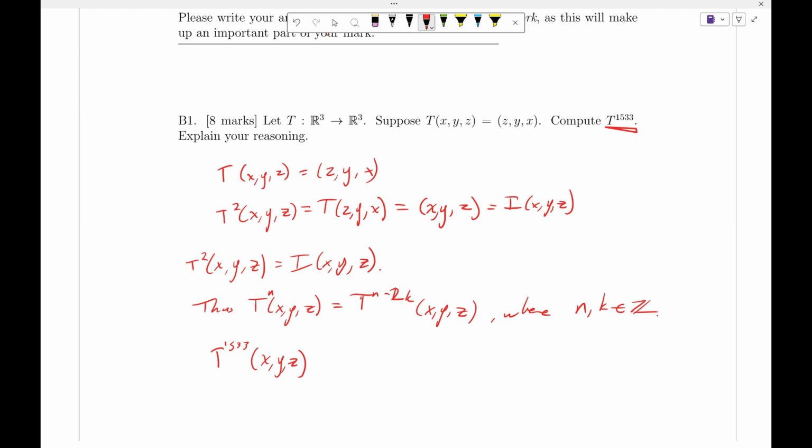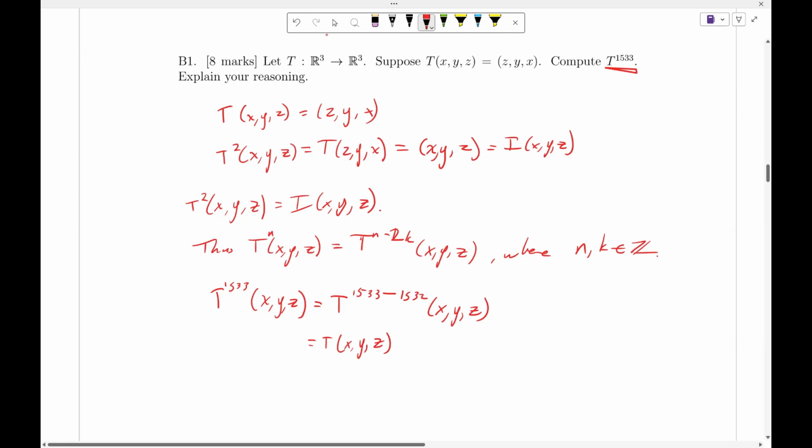So this is equal to T of 1533 minus 1532 of x, y, z, as this is an even number, so it's a multiple of 2. So this is equal to T of x, y, z.